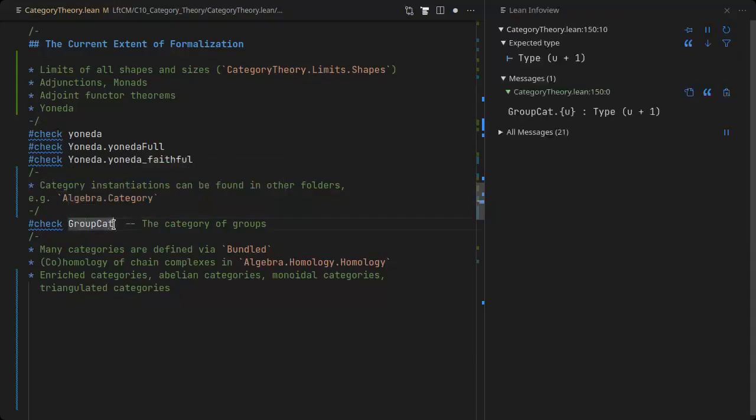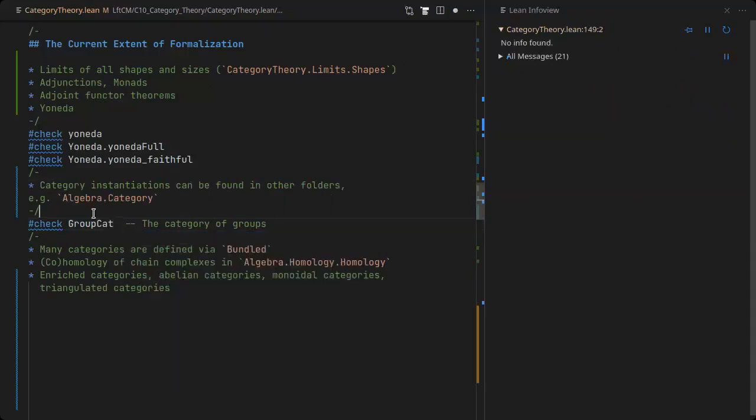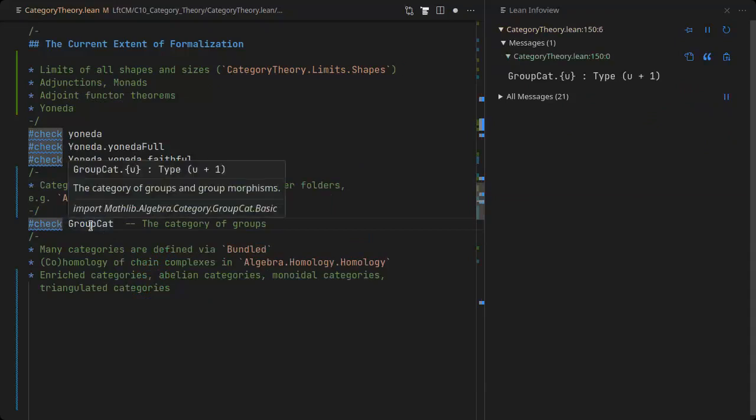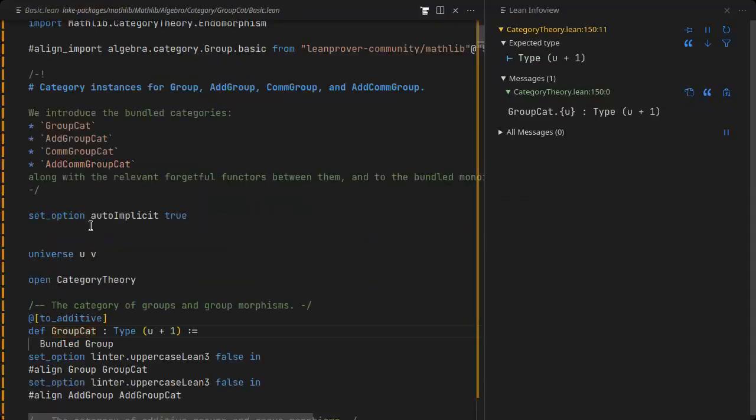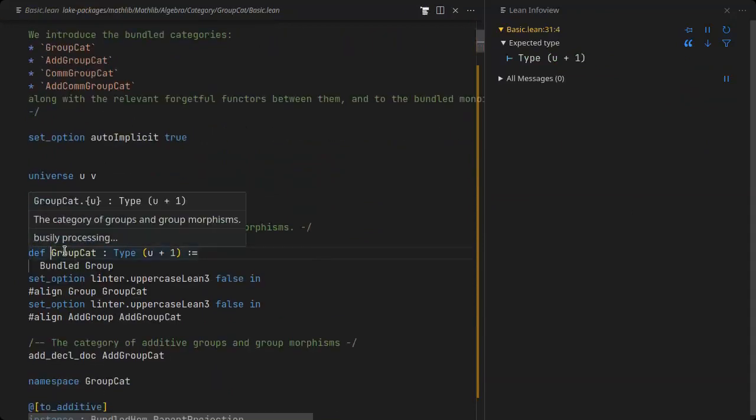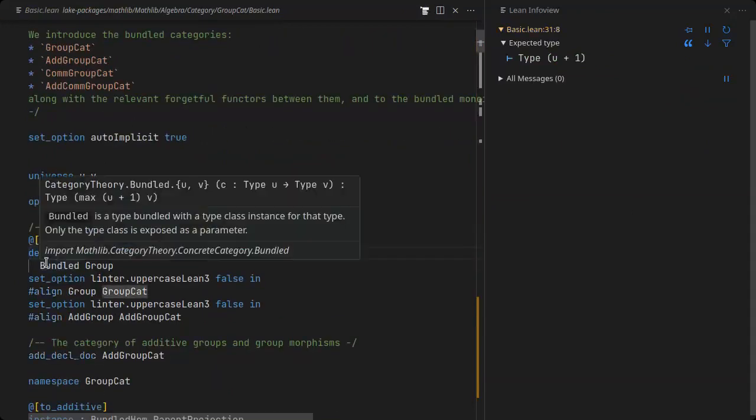So why can't we just use Group? It's because Group is what we call unbundled. Group takes as an argument its carrier, and then is a type class that just adds the group structure to the carrier. But for categories, we obviously want to talk not about all group structures on a given set, but about all groups. And so we need to bundle the carrier together with its group structure. If we look at the definition of GroupCat, we see that it's just defined as bundled Group.